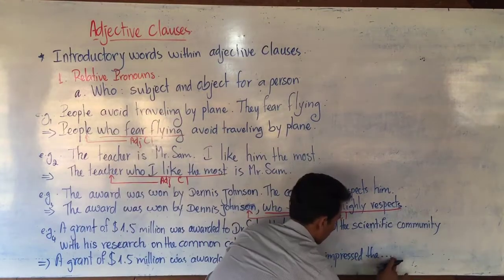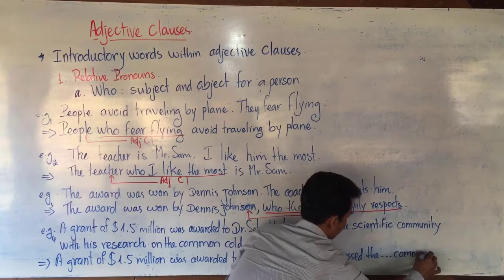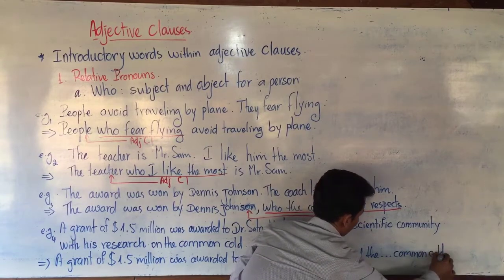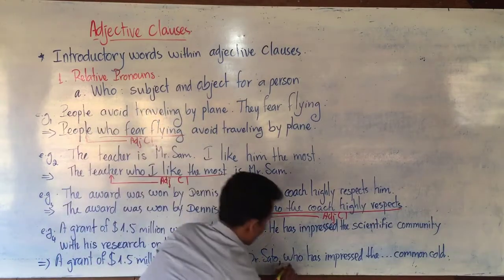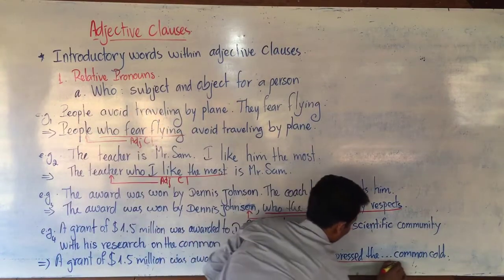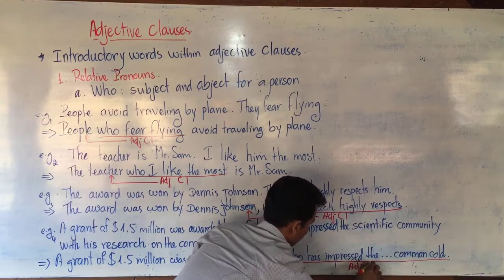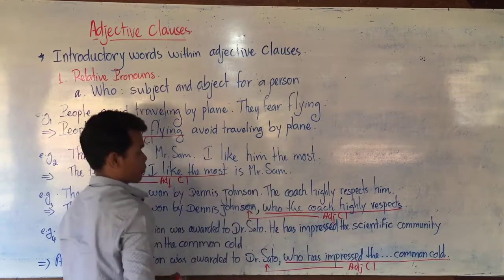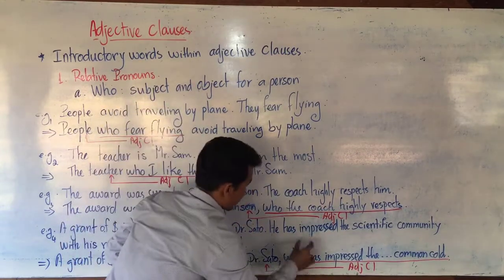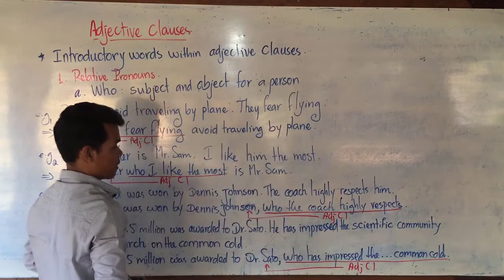So the adjective clause is from "who" to the end of the sentence. It is an adjective clause modifying Dr. Sato. "Who" here is the subject because "who" replaces "he" in the simple sentence.